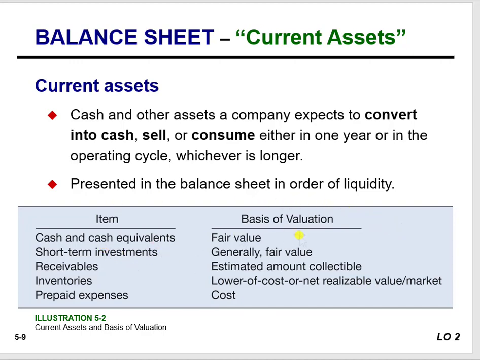Cash and equivalents are at fair value, short-term investments generally fair value. Receivables are at estimated amount collectible. Inventories are at the lower of cost or net realizable value or the market. And prepaid expenses are at cost. Again, these are items that you're going to consume or convert to cash in 1 year or the operating cycle, whichever is longer.